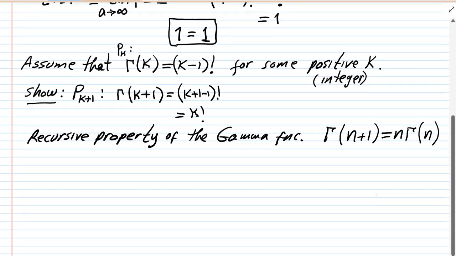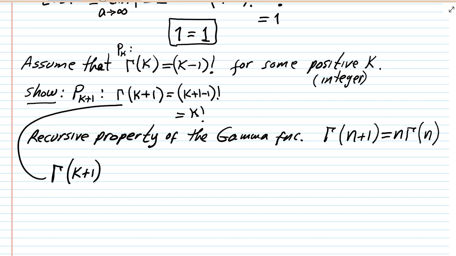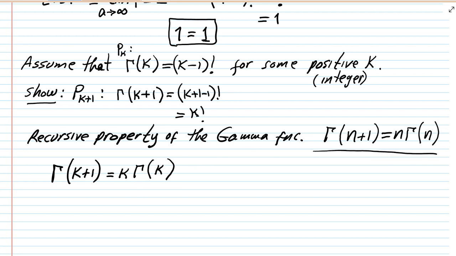Now, in this case, we're going to change our n to k. Therefore, gamma of k plus 1, which is what we want to show for our p sub k plus 1 expression, is going to be k gamma of k, correct? Again, that's based on this known fact. So what can we do next?